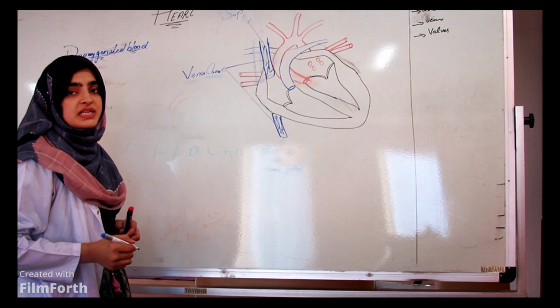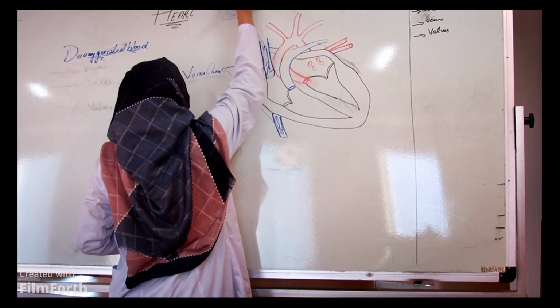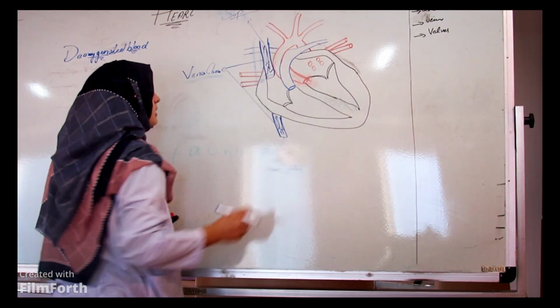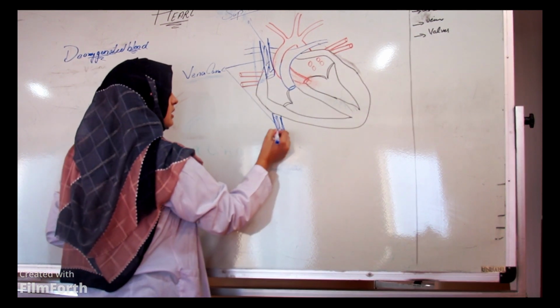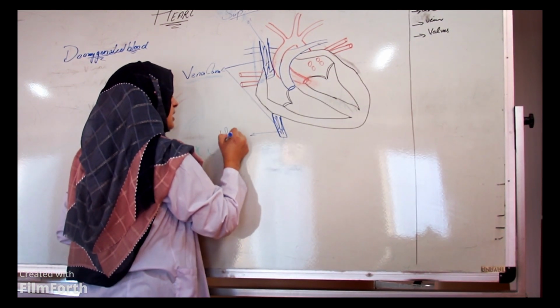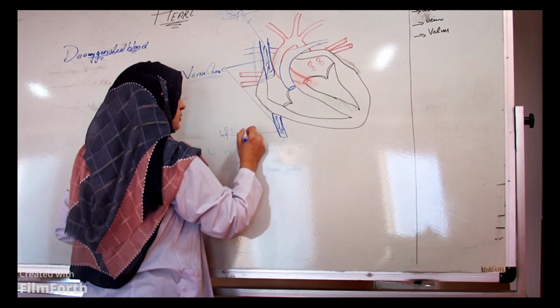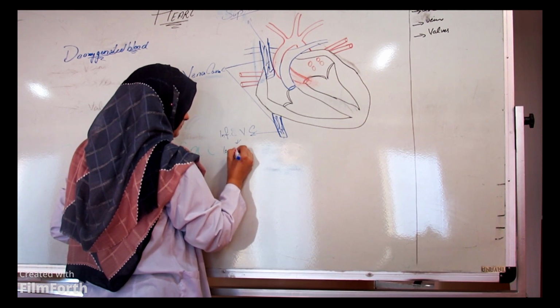Superior vena cava carries deoxygenated blood from the upper limbs. And as the name shows, the inferior vena cava carries deoxygenated blood from the lower limbs.